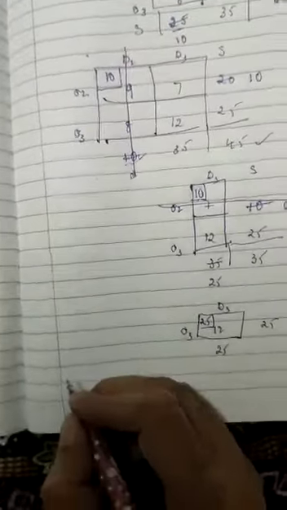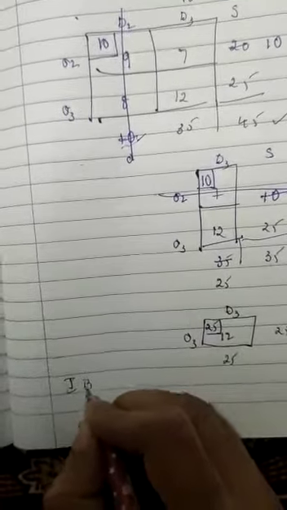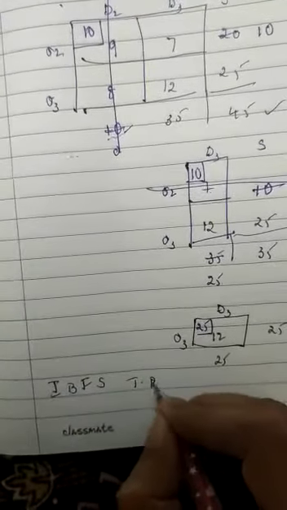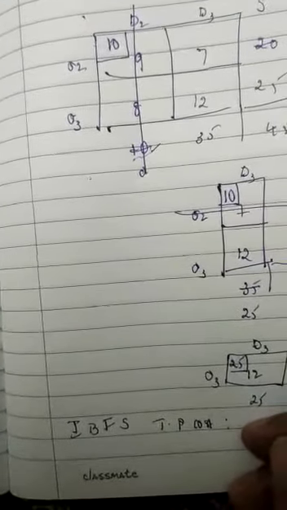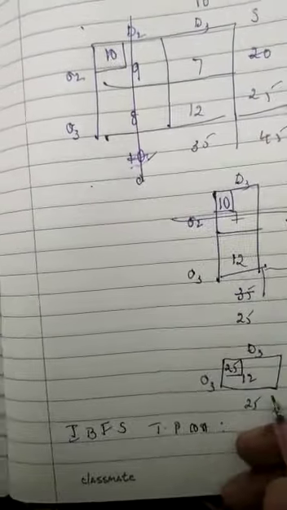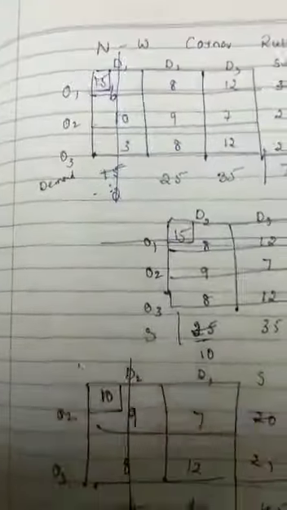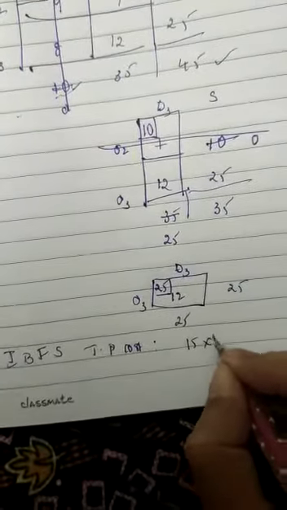IBFS, the initial basic feasible solution transportation cost. What is the first allocation? 15 into 6.